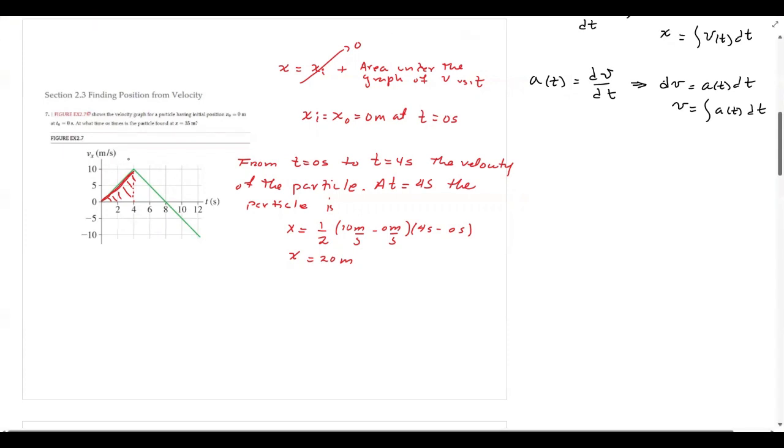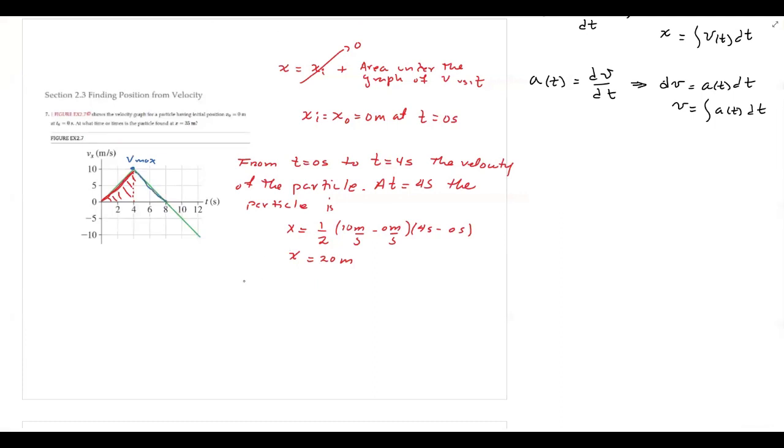We see how we reach the highest velocity here, and then the velocity is going to start to decrease in this region over here.